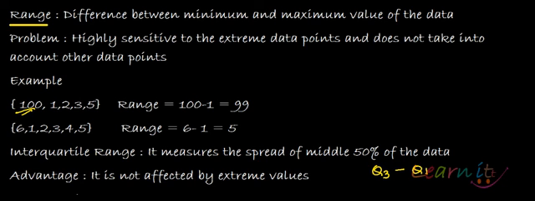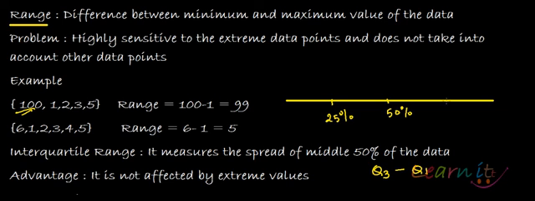So for example, if you have the data here, 25% of the data is lying here. This is 50% of the data below this, and this is 75%.